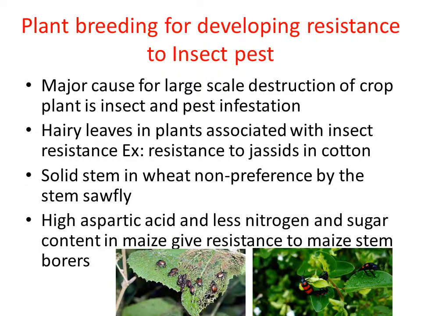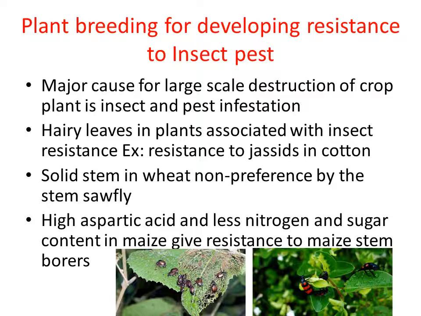And one more example we have here. You can take this for the biochemical nature of the plant. Understood? In the maize plant, it produces high aspartic acid and less nitrogen and sugar content. So these are some biochemical nature of the maize plant.